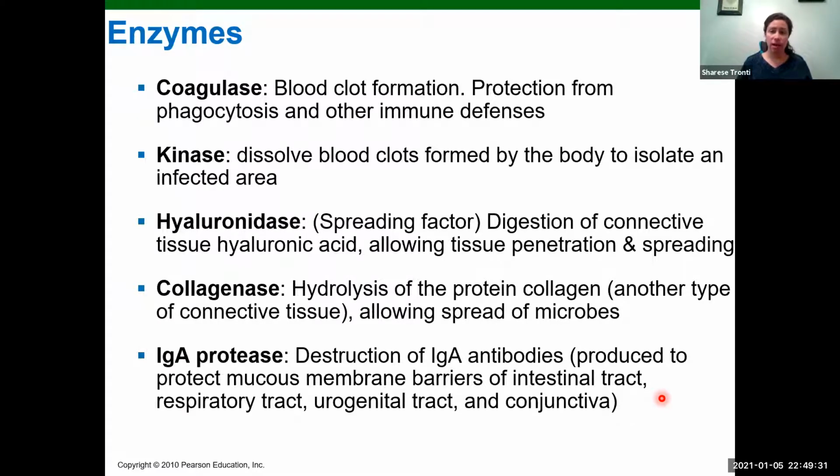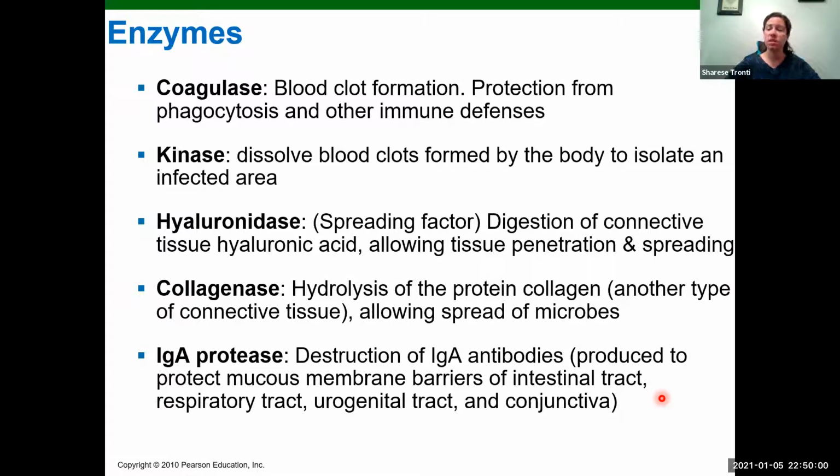But the microbes will respond by releasing kinase, and the kinase is going to break down that blood clot that the host just made so that the microbe can then be released from that area and spread to the rest of the body. Hyaluronidase is a spreading factor. If you remember, connective tissue has hyaluronic acid in it.